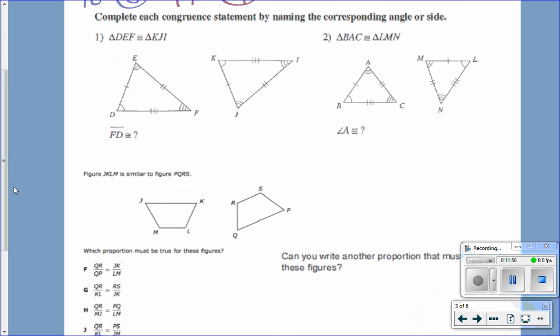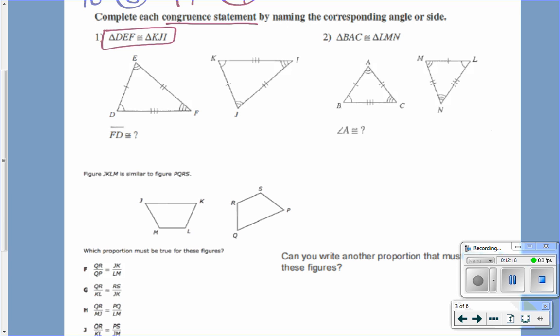We're going to complete each congruent statement by naming the corresponding angle or the side. Y'all, the congruent statement you're going to love because it gives you all the answers of what angles and sides are corresponding. So what is a congruent statement? This right here.